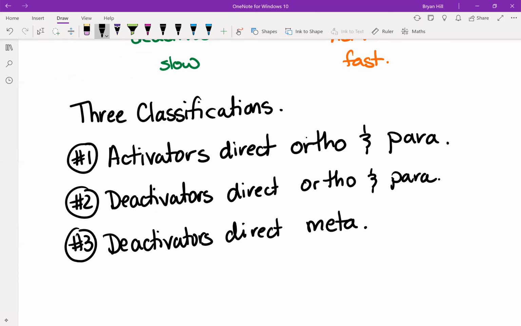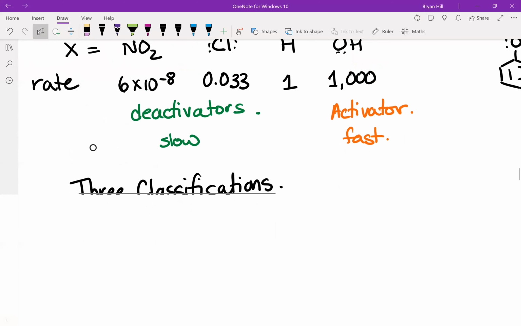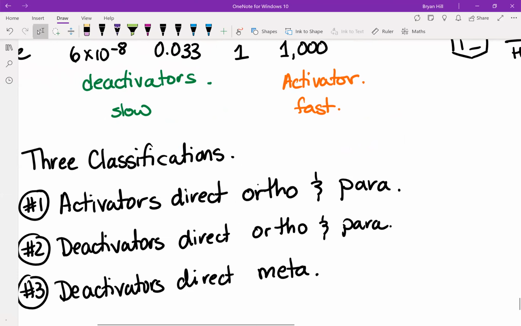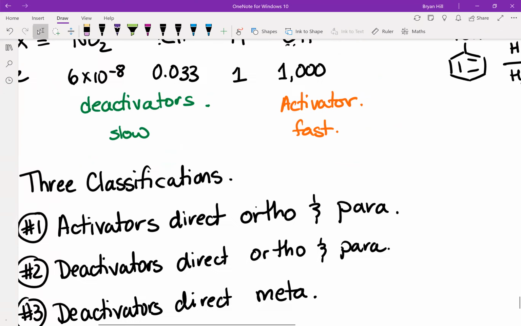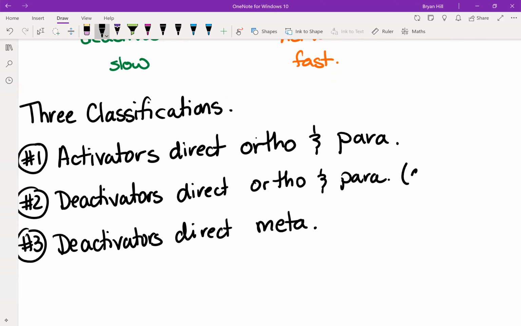The nice little bit about this is that the chlorine is an ortho-para director, and the nitro is a meta deactivator.